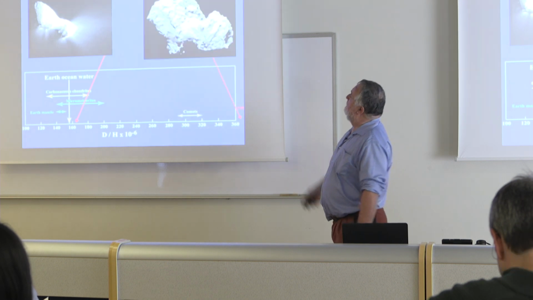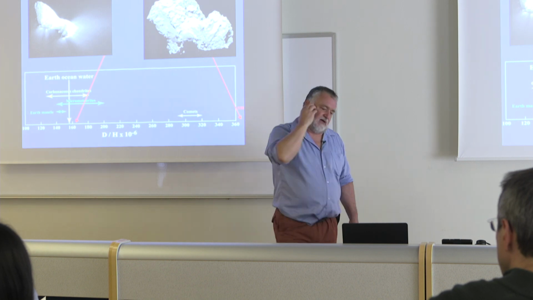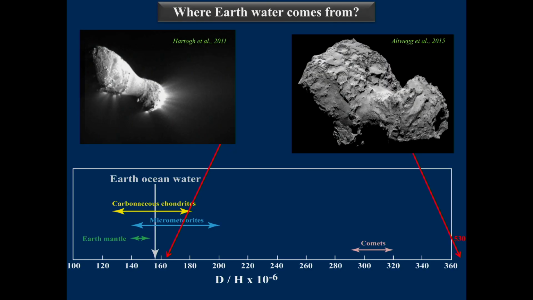And more recently, many people expected some important result from this comet, and this comet provided a very high ratio. So finally, one of the most common conclusions is that comets do not provide more than 10%, 13%, something, a very small amount of water to Earth.